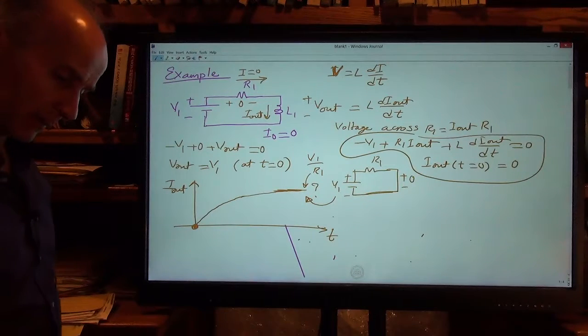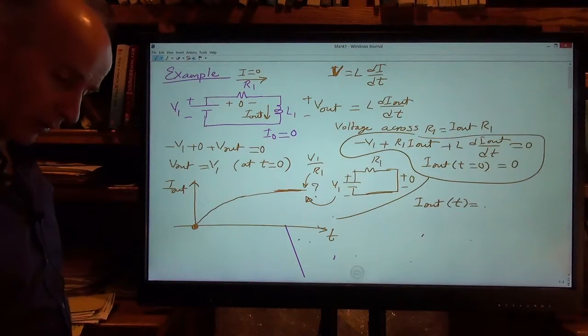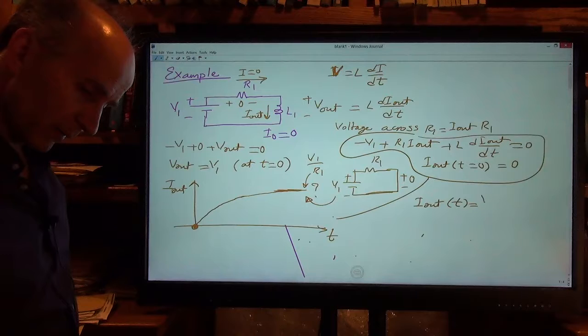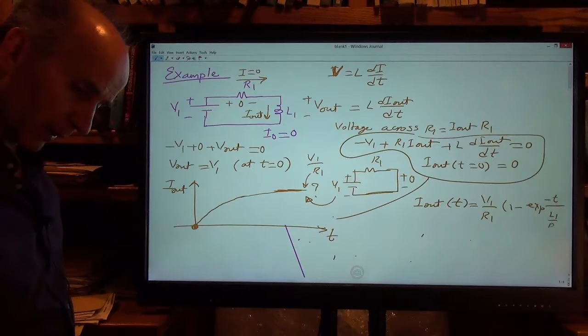And the result is very simple. So I out as a function of t comes out to be, because the initial value is 0 and the final value is V1 over R1, V1 over R1 times (1 minus e to the power of minus t over L over R1).